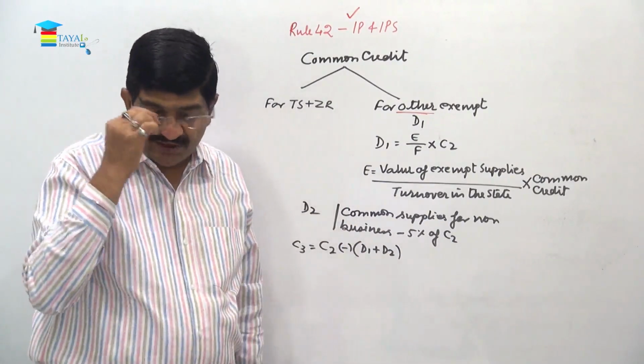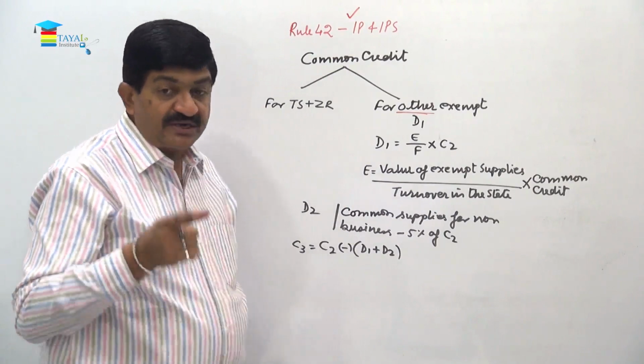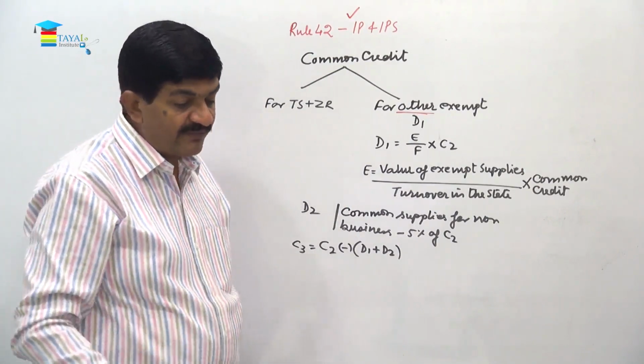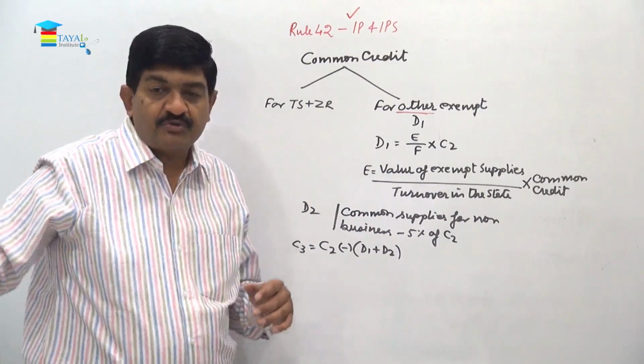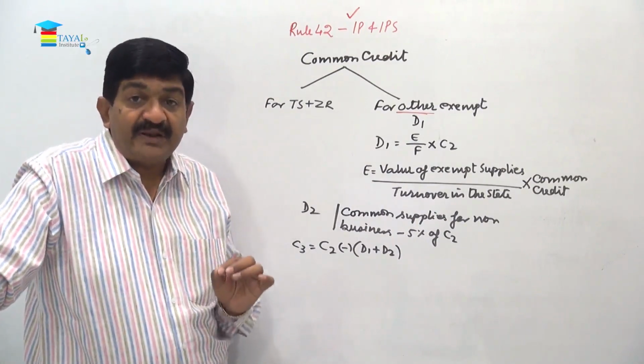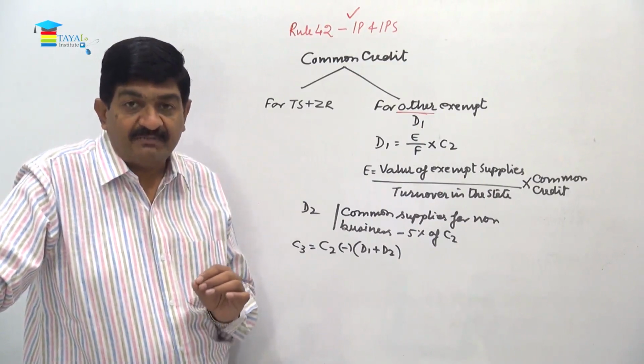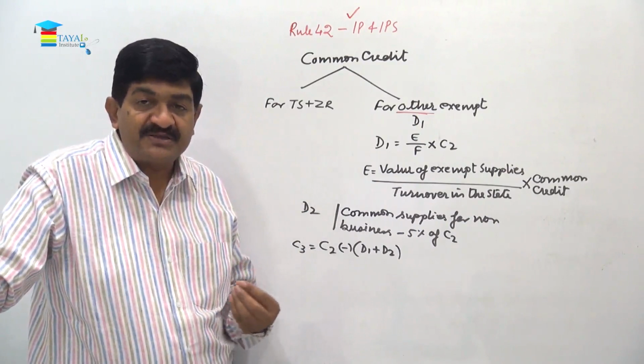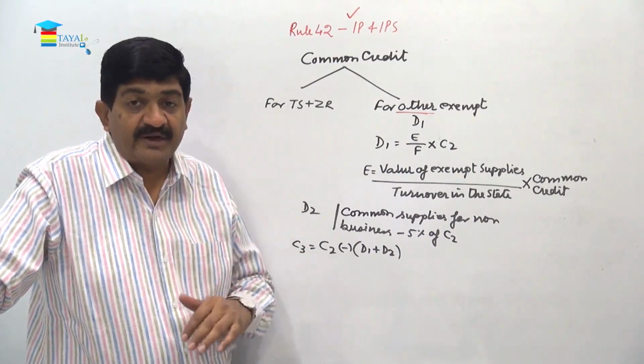So how much amount will actually be available for uses? So that is equal to T4 plus C3. That much amount will be available for uses by way of credit. So this calculation is to be done every month for the taxable period, right? So only amount which is T4 plus C3 that is available by way of credit for uses.